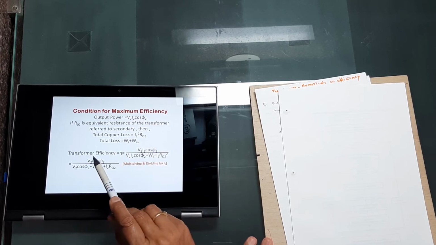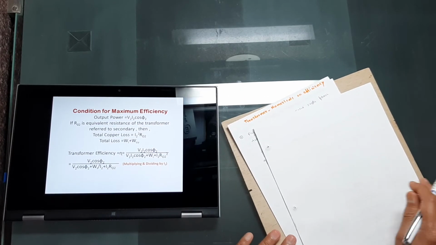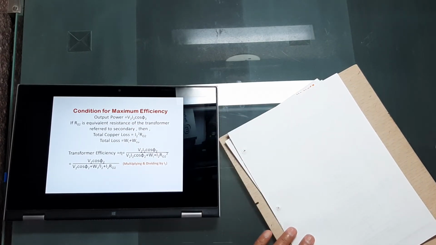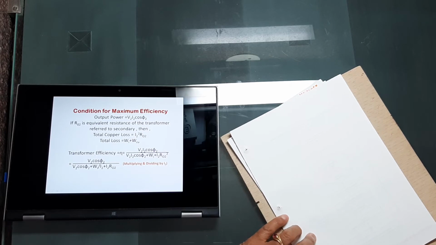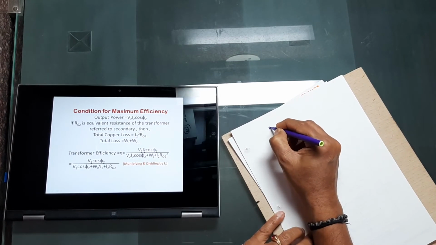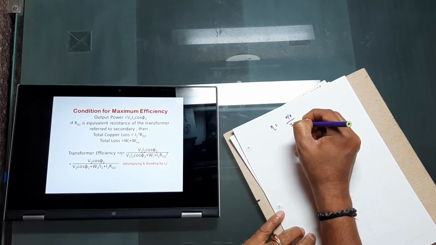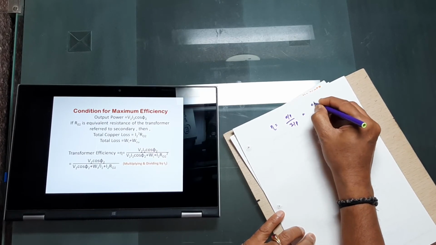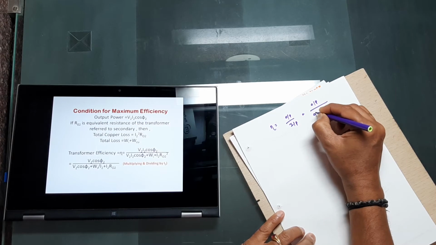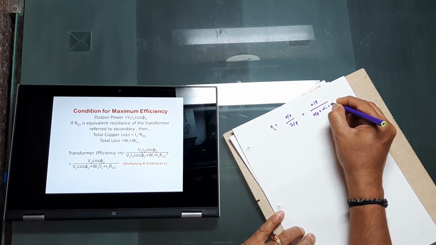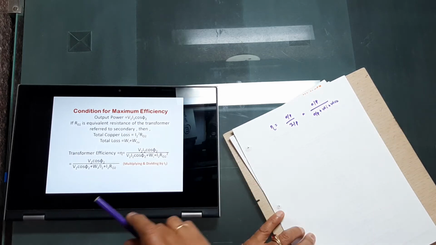We also know that the efficiency is output by input, or in other words, output divided by output plus iron loss plus copper loss.